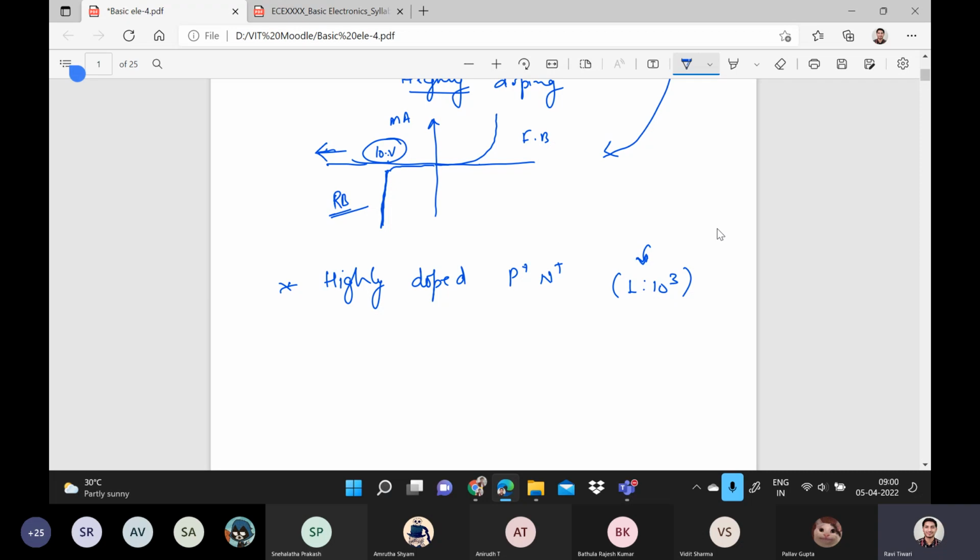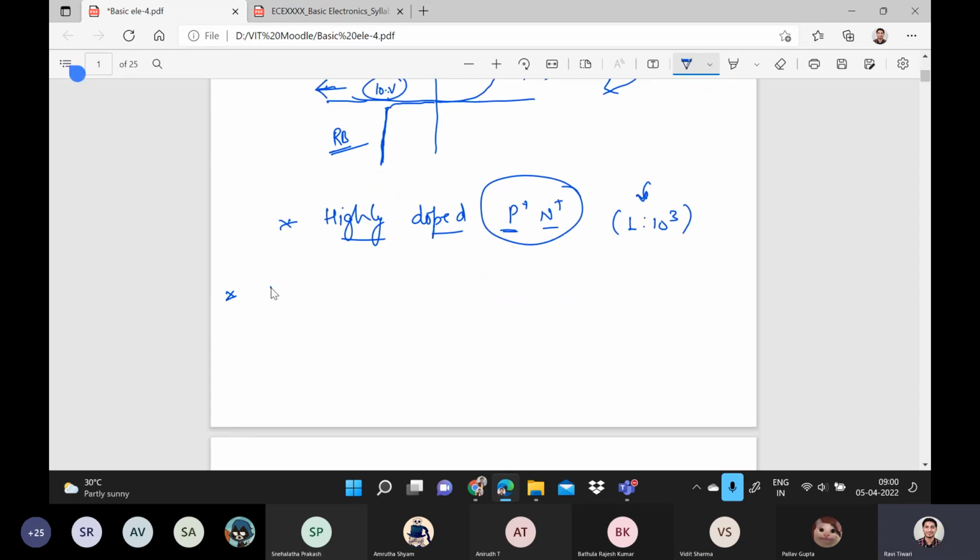Yes. So here we have to highly dope the P and N type semiconductor. Both P and N, you have to take both materials highly doped. This Zener diode is also called a breakdown diode, because it is actually used for this breakdown characteristic only.